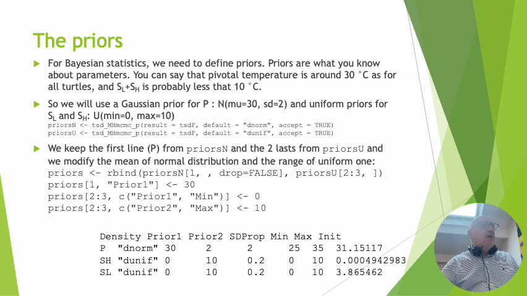SH. We keep the first line of priorsN for P, and we keep the two last lines from priorsU for SL and SH. We modify the range of uniform distribution using priors 2, 3, this is SH, SL.